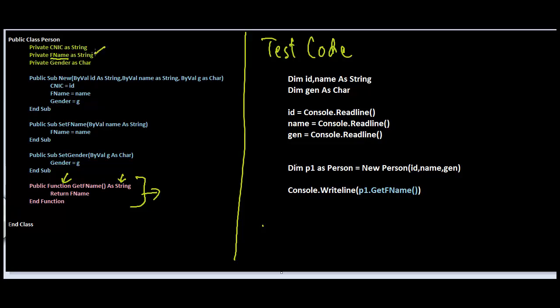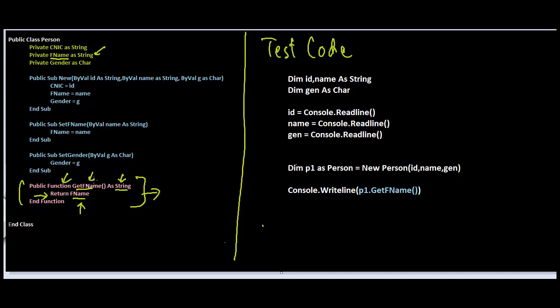The name is a string data type. First name is string data type. That's why this function is returning a string value, and look at the statement inside. We are trying to return the first name. So what we've done is we've written a method that is going to return the first name, and the identifier of the method is get first name.